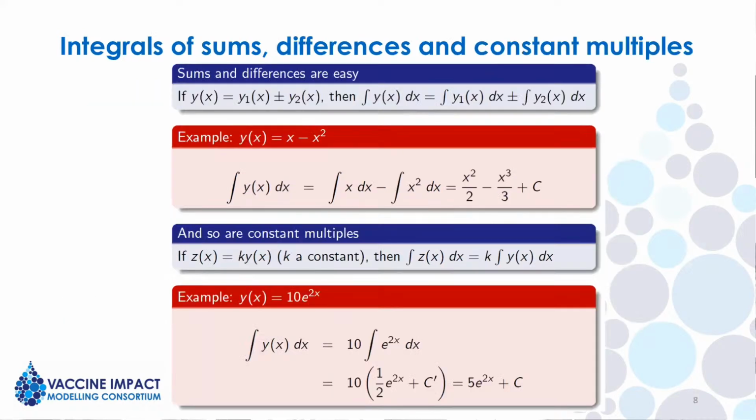Again, if we're thinking about sums and differences or constant multiples, it's nice and straightforward. If we've got two functions added or subtracted, we can just do the integrations separately. That's fine. If we're multiplying by a constant, we can just take that outside the integral. That's also fine.